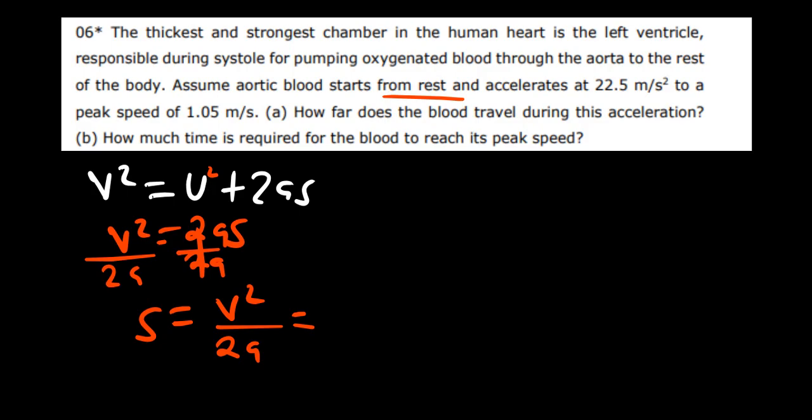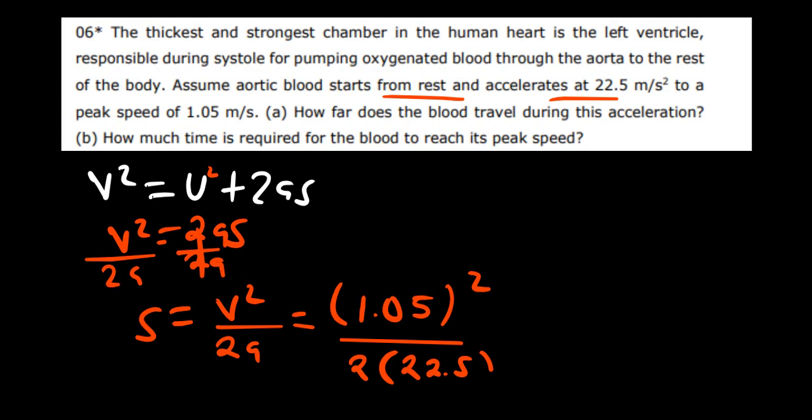So the v we've been given is 1.05, that is the speed. Now this is squared over 2 multiplied by the acceleration. The acceleration we've also been given, it accelerates at 22.5 meters per square seconds. I'll not put the units. Then you solve these two.